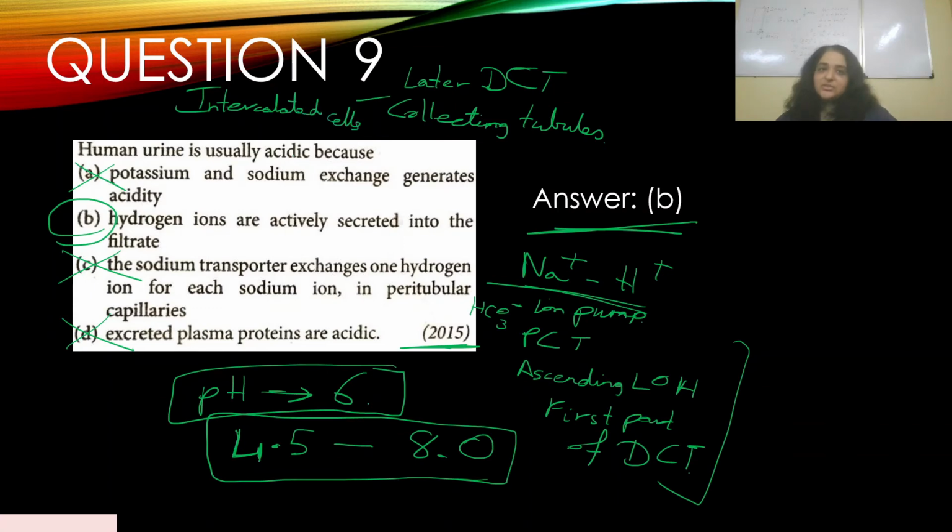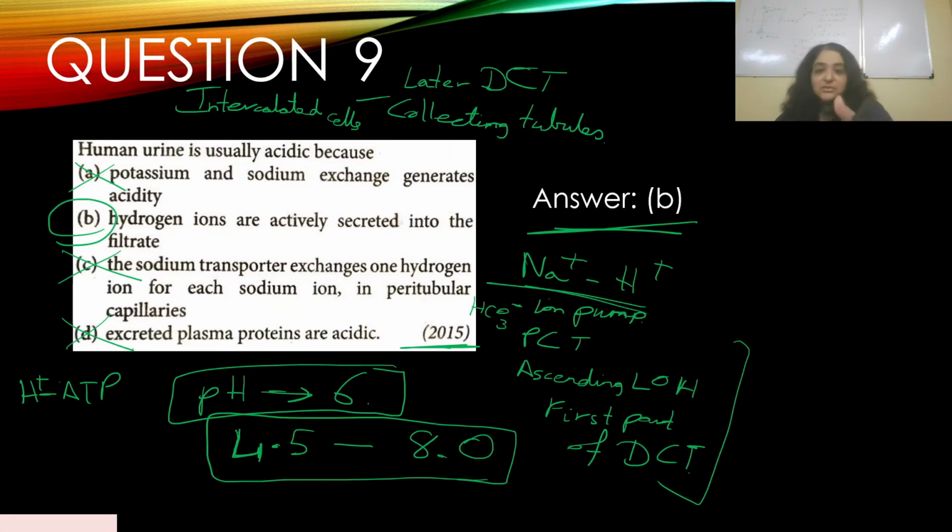These intercalated cells contain the H plus ATPase pump. This H plus ATPase pump contributes only 5% of the secretion of H plus ions into the filtrate, only 5, but it is so powerful that it will decrease the pH even more in the urine.